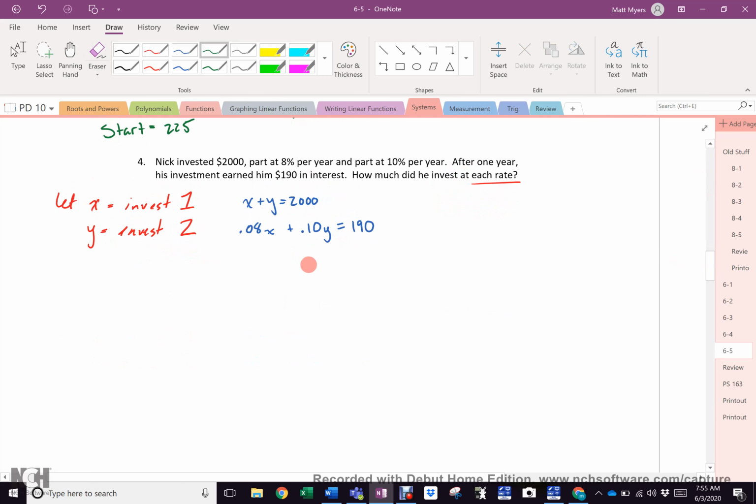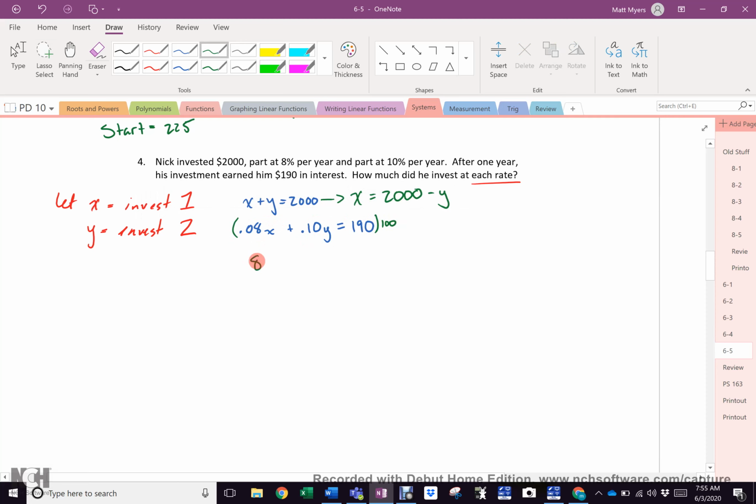So we're going to come down to this one, and we're going to do it by substitution. Because right here, you see x equals 2,000 minus y. I'll bring that up here. Now, a lot of you don't like dealing with decimals, so you can get rid of that if you want to multiply everything by 100.